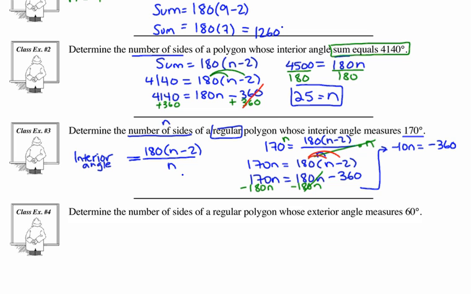It should cancel out in the end. We have negative 10 times n, and I want to get rid of the negative 10, so we divide. Opposite operation. These cancel, and look at that, the negatives cancel, and 360 divided by 10 is 36. There it is. You shouldn't get a decimal, and we shouldn't get a negative number here, because we're looking for the number of sides. And there'd be 36 sides.